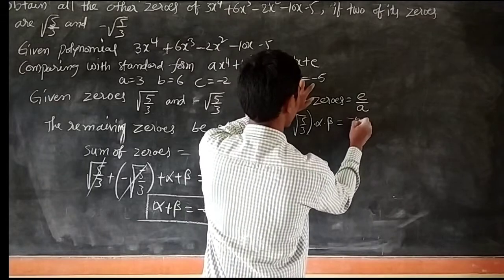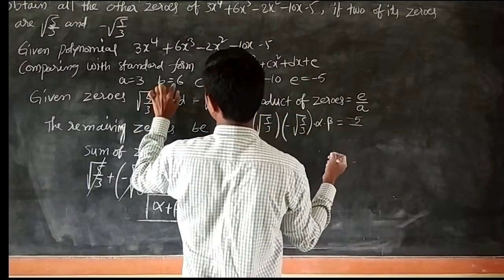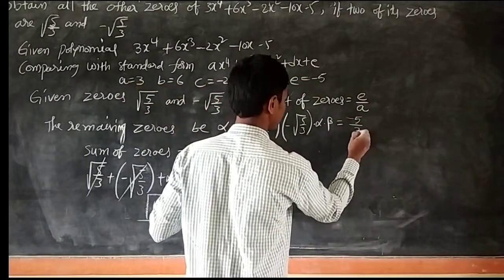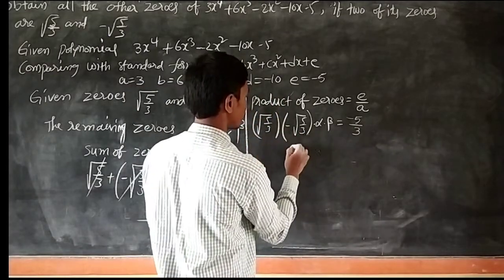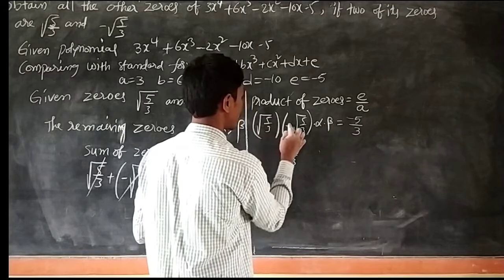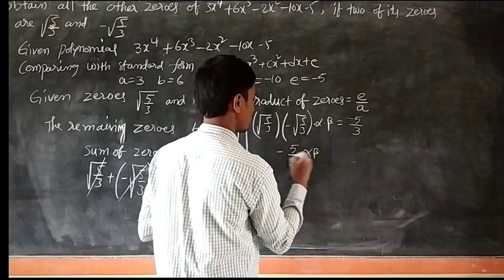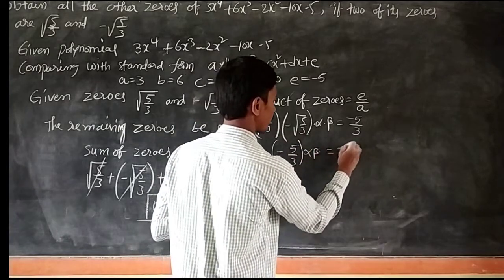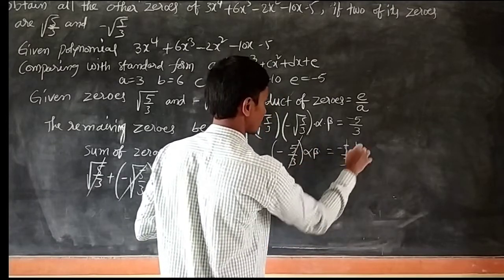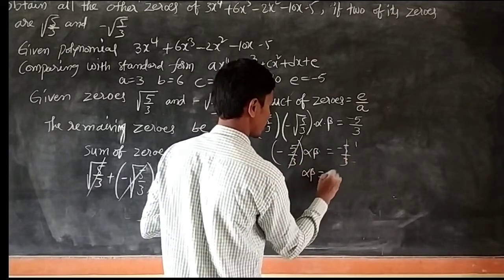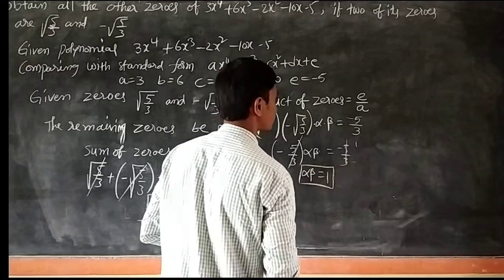E value is minus 5, a value is 3. Root 5 by 3 into root 5 by 3 becomes 5 by 3, plus into minus is minus, alpha into beta, that is equal to minus 5 by 3. Minus 5 by 3 cancels, so alpha into beta is equal to 1.